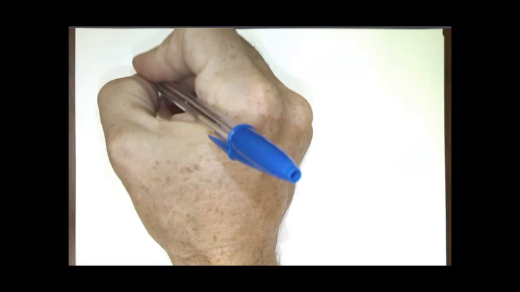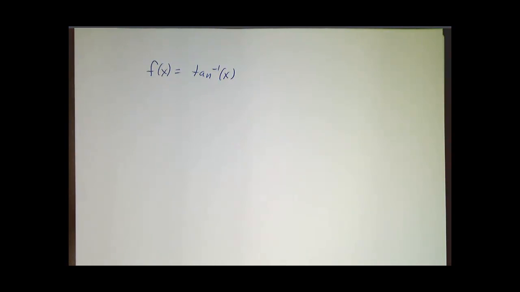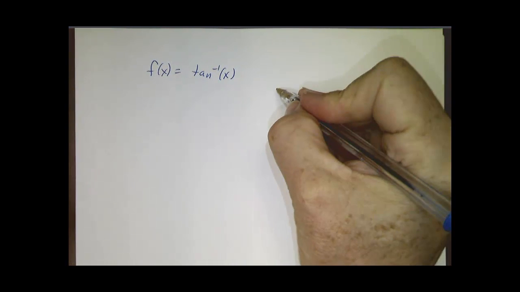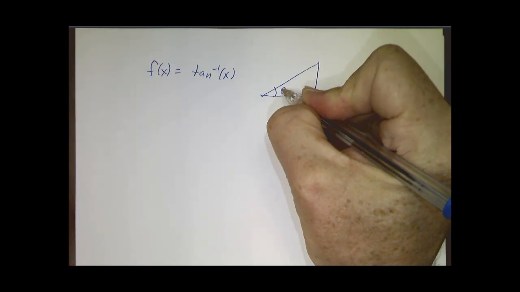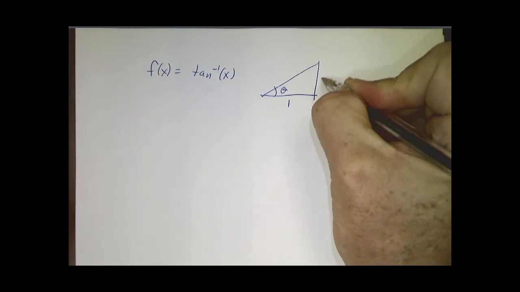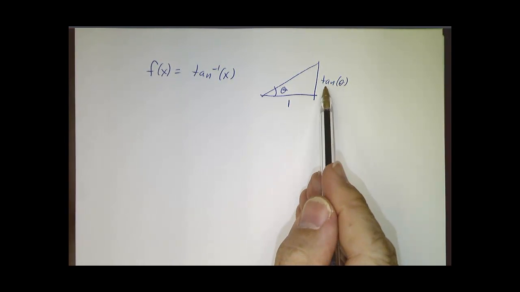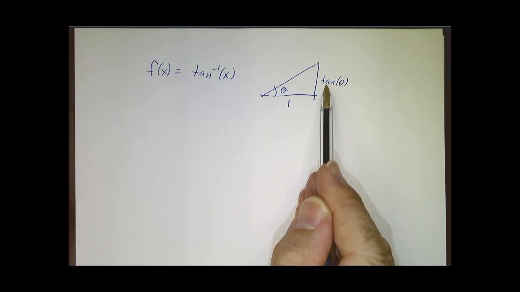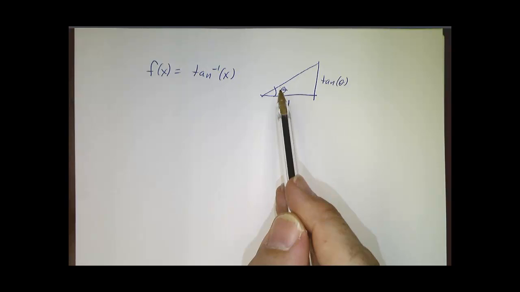Let's look at the function f of x is equal to the arctangent of x. Now you remember that if you have an angle theta here, and this side is 1, then this side is the tangent of theta. So as the tangent gets bigger and bigger, the angle gets closer and closer to 90 degrees.